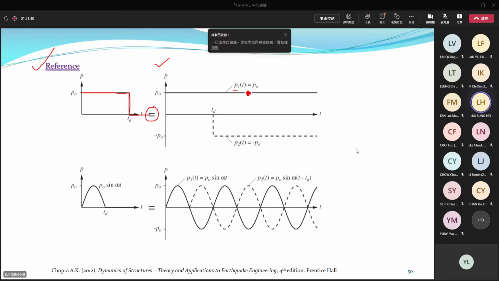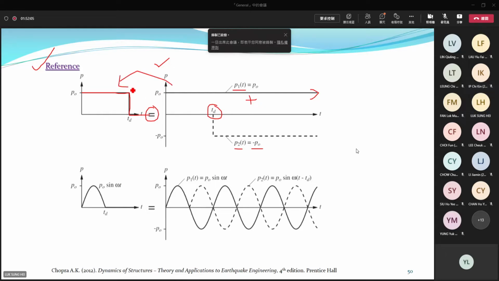Loading 1, you have a constant step force applied along the whole time domain, apply forever. And then at time equal to Td, you apply an opposite step force, P2, with values equal to minus P0, apply on the other directions. So when you add up these two loading, it will become the original pattern.